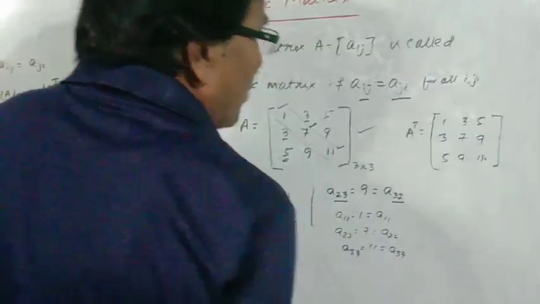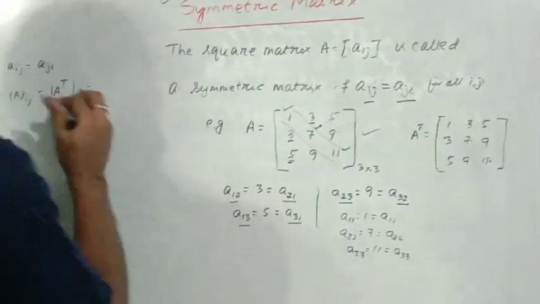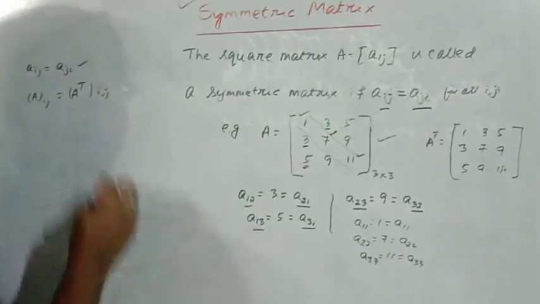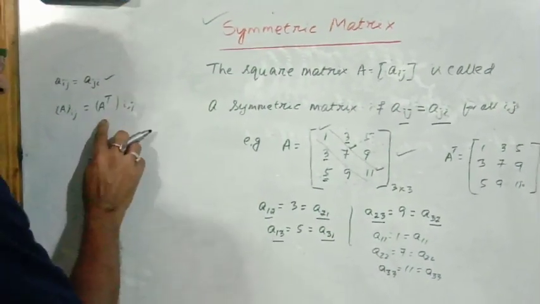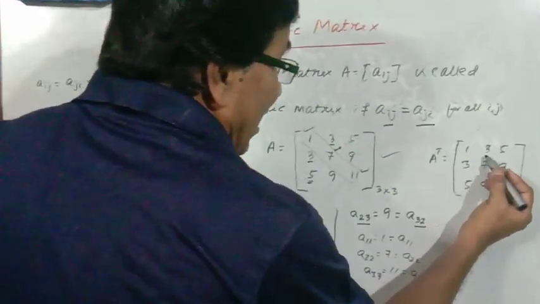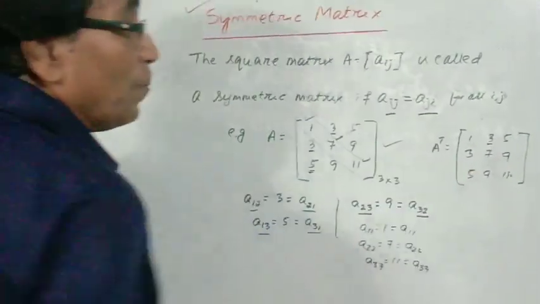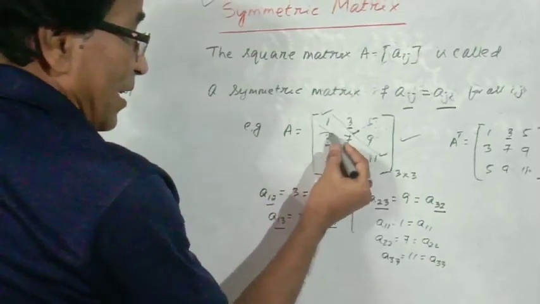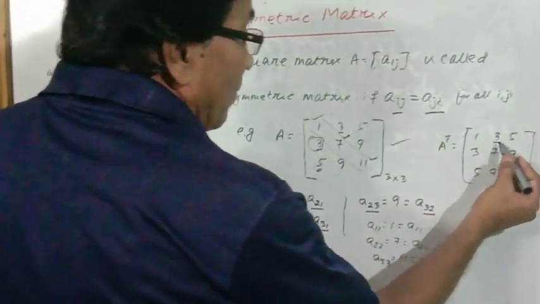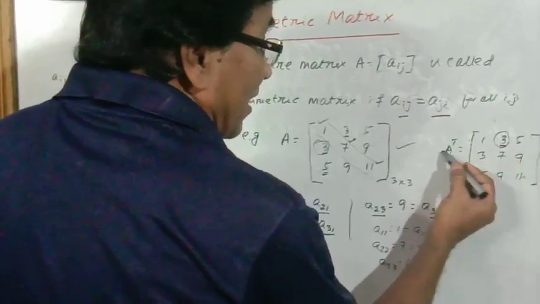So the Aji element is the ijth element of A transpose.